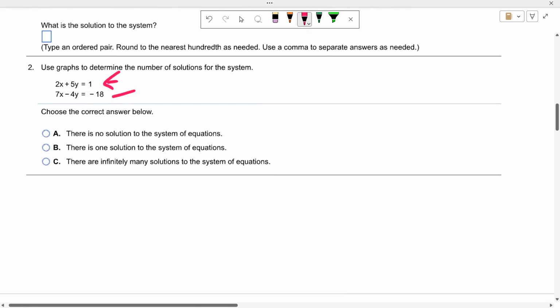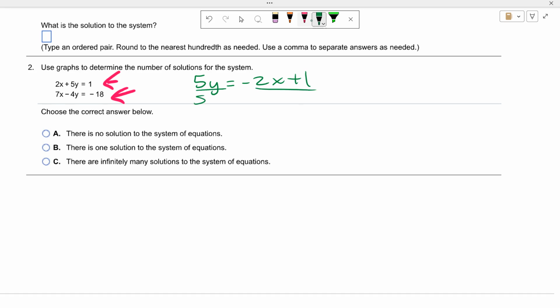To do this, I would graph them. I would get y alone. So 5, here, let me go to a smaller marker. 5y equals -2x plus 1 and divide by 5. Y equals -2/5 x plus 1/5.